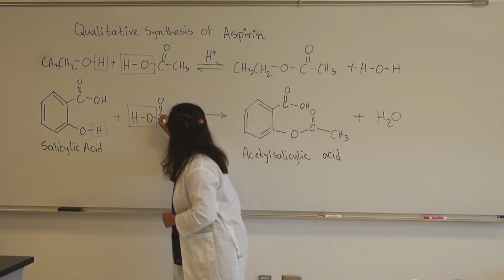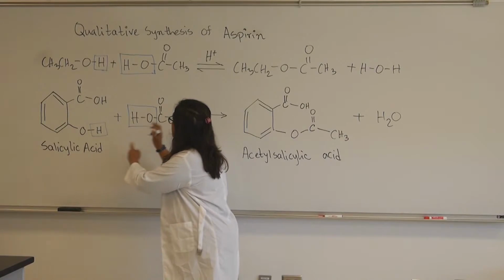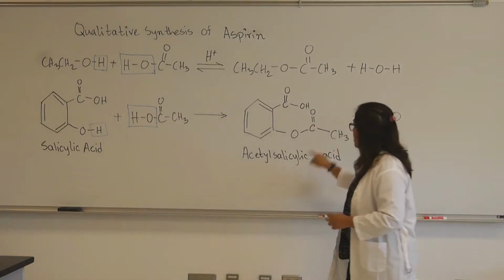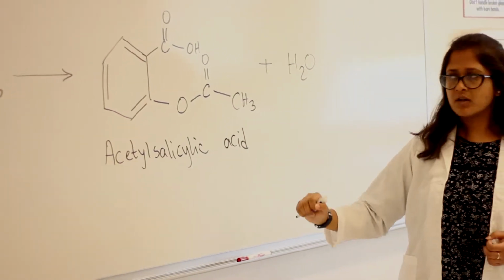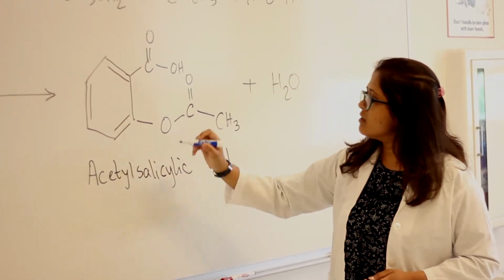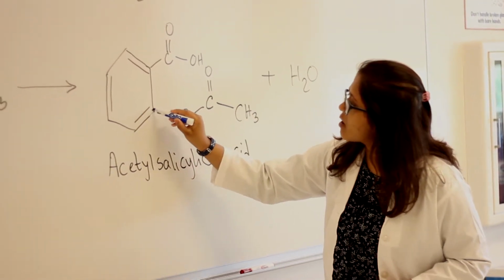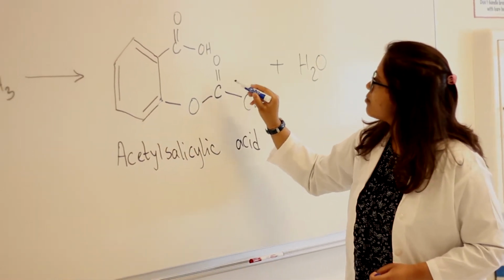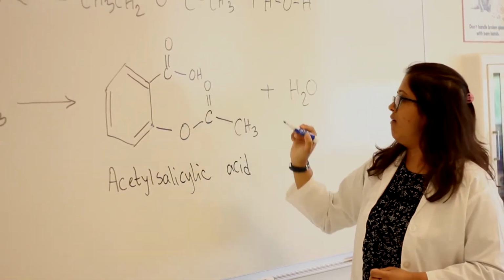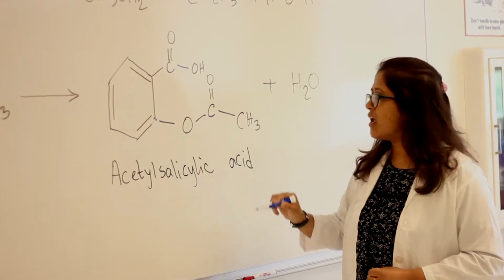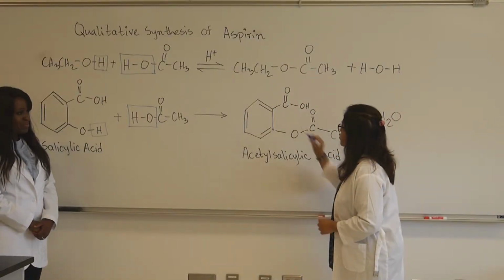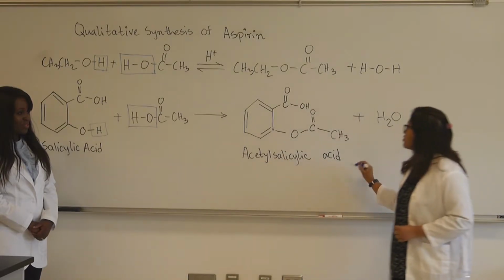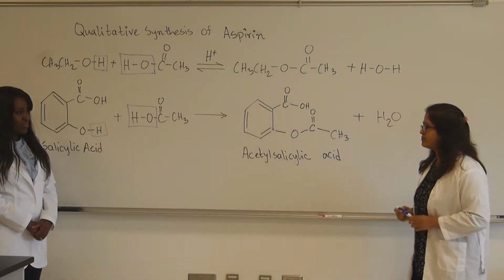Where it gets cut off, the rest combines and produces the acetylsalicylic acid. This is an ester. How can we tell? Because of the carbon-oxygen bond with an R group. So this is the ester part of it, and this is the active ingredient of aspirin.